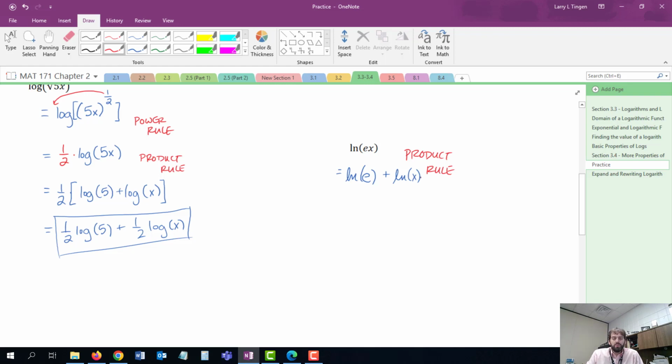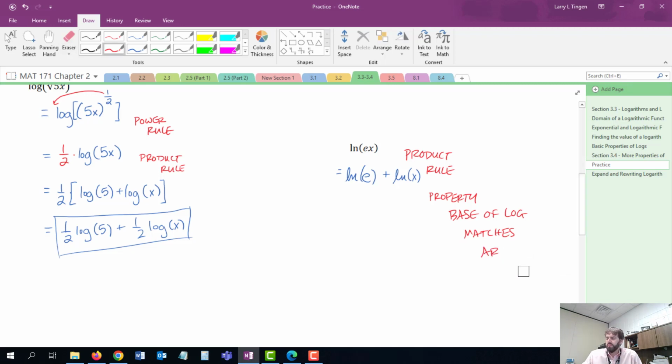Are there any powers? There's no multiplication, there's no division, and there's nothing to a power. But I do have a property that I need to take advantage of. I have the property where the base of the log matches the argument.